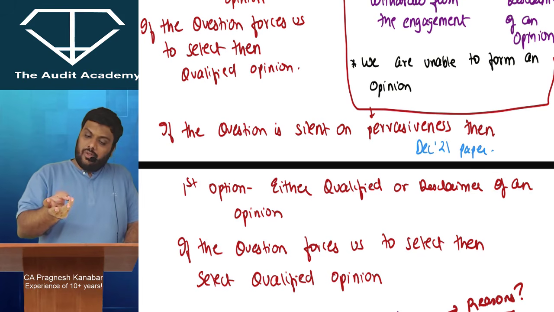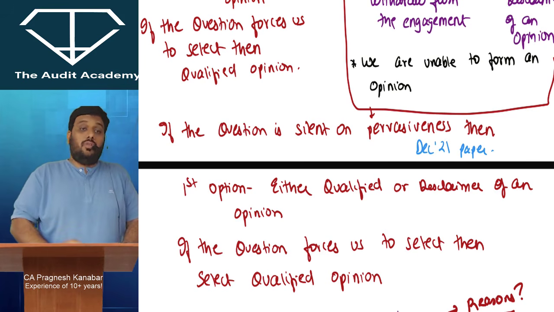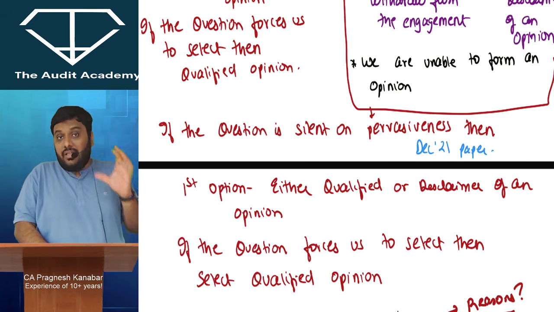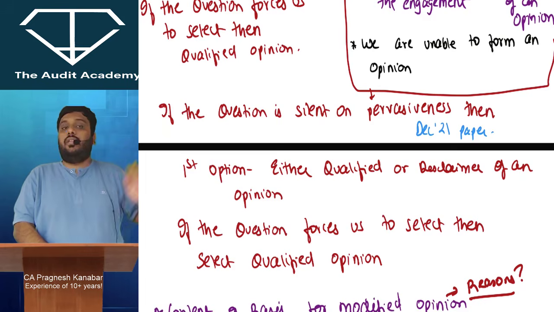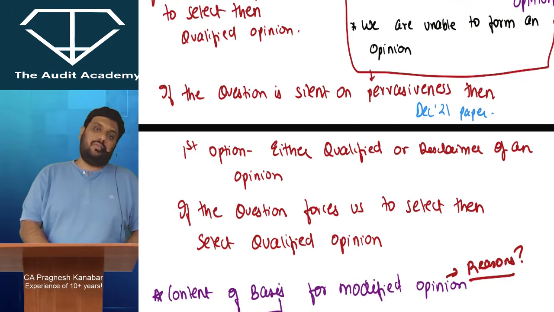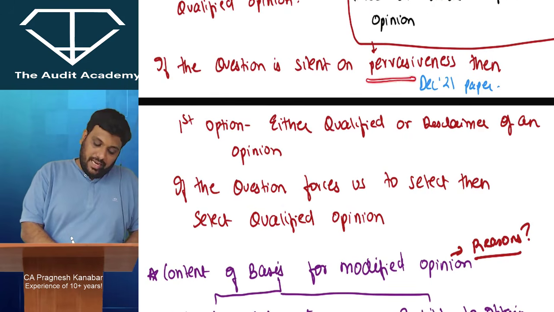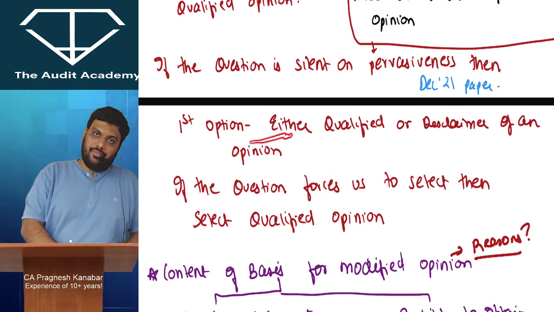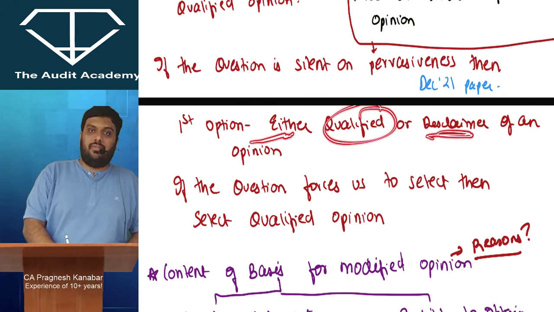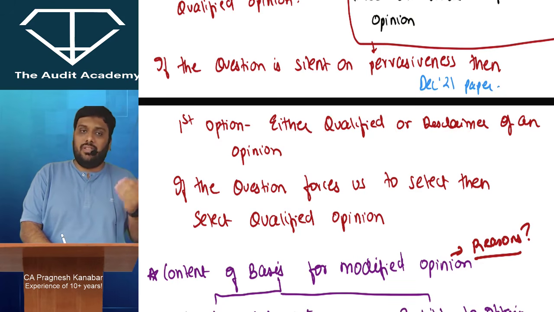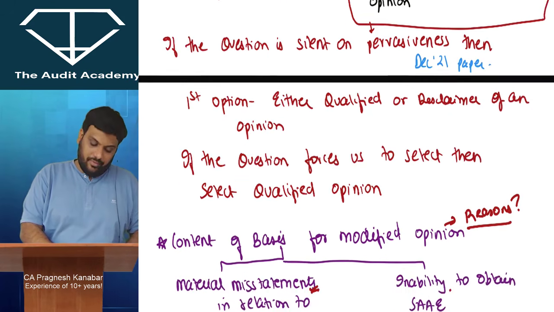Nature of the company was not given, total asset figure was not given, a turnover figure was not given. So we understood that it is something material, but we were not in a position to understand whether it is pervasive or not. So if the question is silent on pervasiveness, then the first option is either qualified or disclaimer.